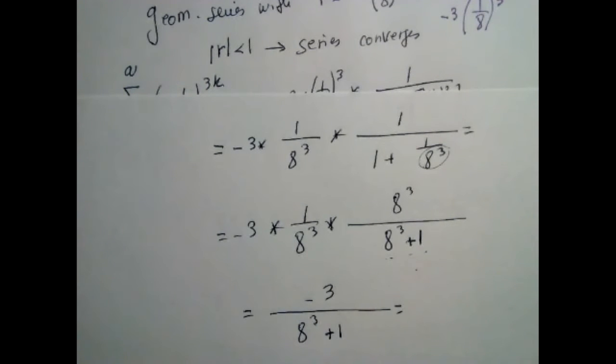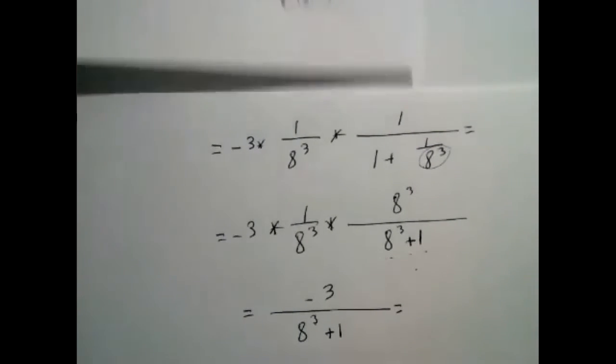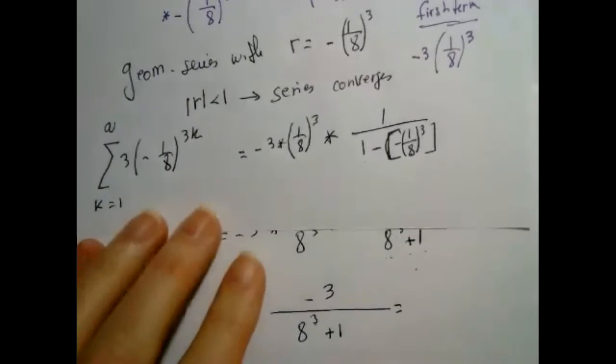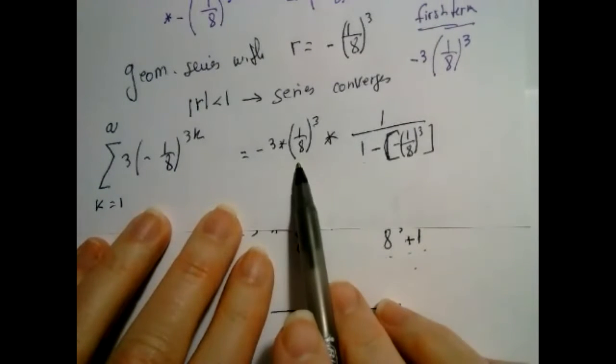Wait, I don't understand why you're multiplying by the 1 over 8. Repeat your question, please. I don't understand why you're multiplying in particular. Where? Which stage? Here?